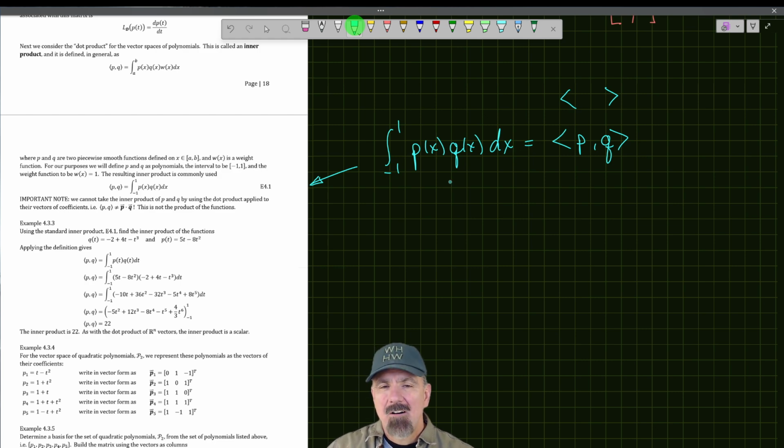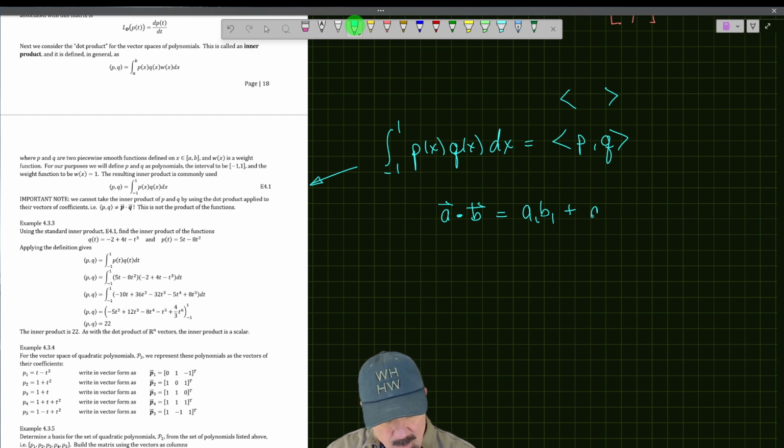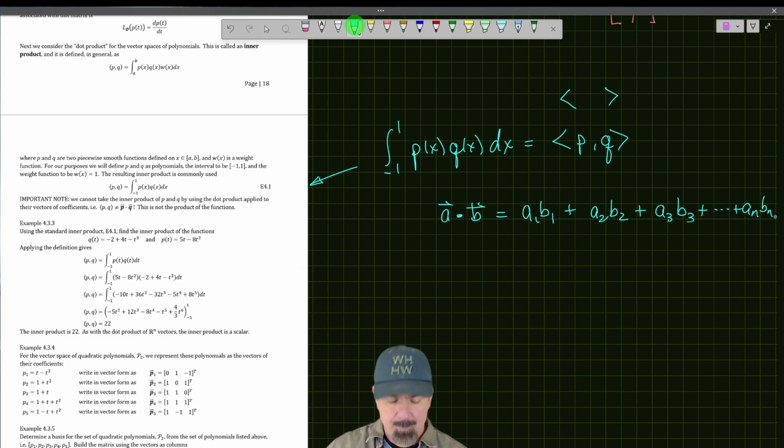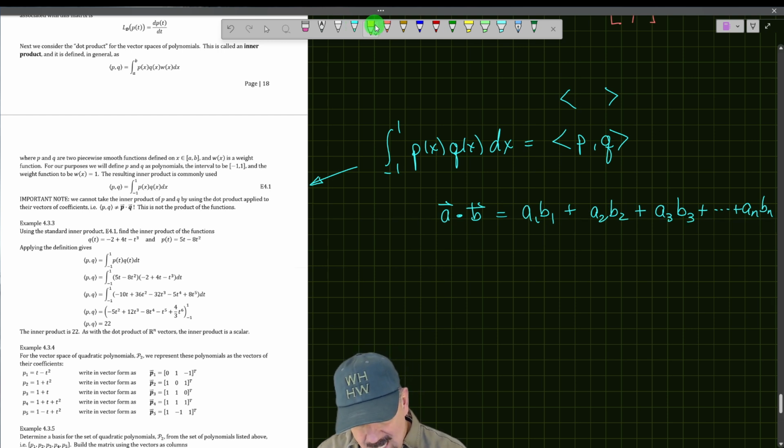But the whole point of this inner product is it's really similar to a dot product. Think about what a dot product between a vector and b vector is. It's the first component of each of those vectors multiplied together, plus the second components multiplied together, plus the third components multiplied together, plus however many components I have in my two vectors. Add them all together. Think about what's happening here.